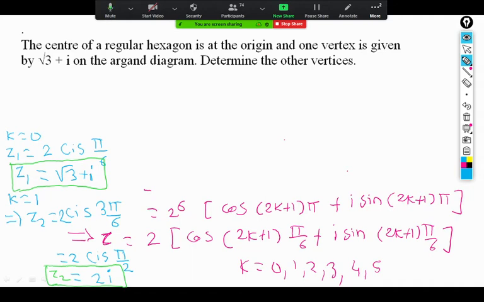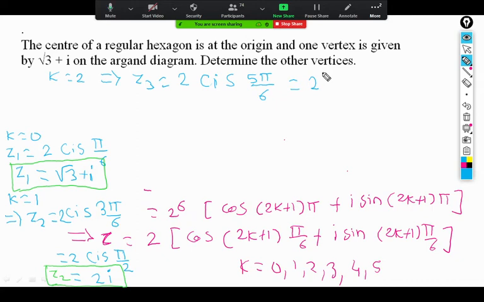So we got z2. Now I will say k equal to 2. K equal to 2 implies z3. z3 is 2 times cis 5 pi by 6. Now 2 as it is, cos 5 pi by 6.